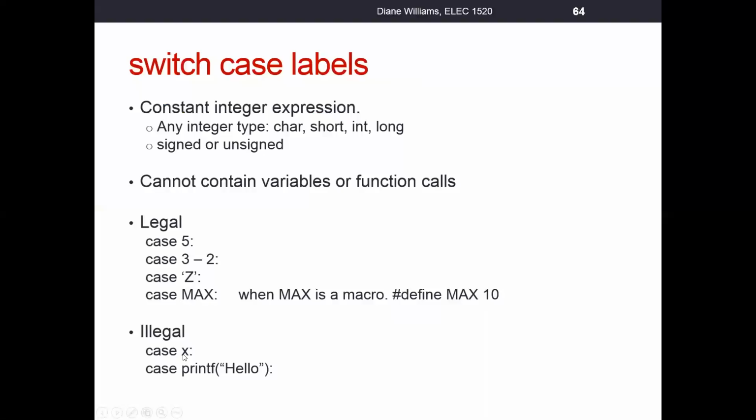These are illegal. Case x, notice that there are no single quotes around the x. We know this isn't a character. The compiler will interpret this as a variable name and say it's illegal. Also, calling a function, case printf hello, is illegal. This is not a constant value. If printf fails, it returns a negative value. If printf succeeds, it returns a 5. So it doesn't always return the same thing. It's not a constant value. You cannot have a function call there.